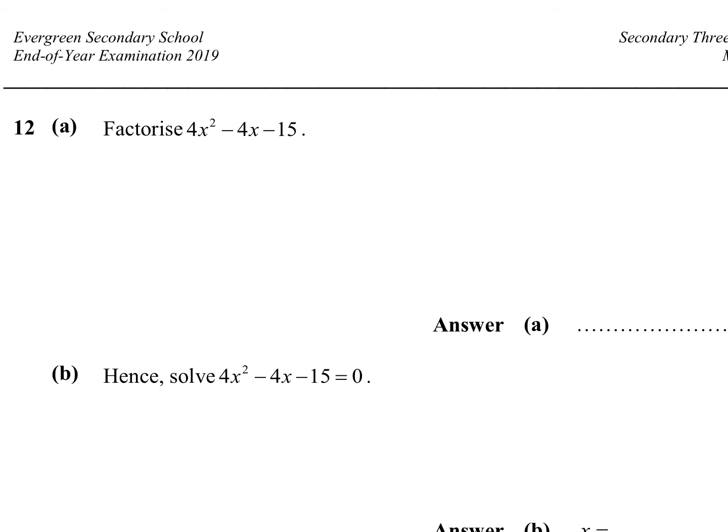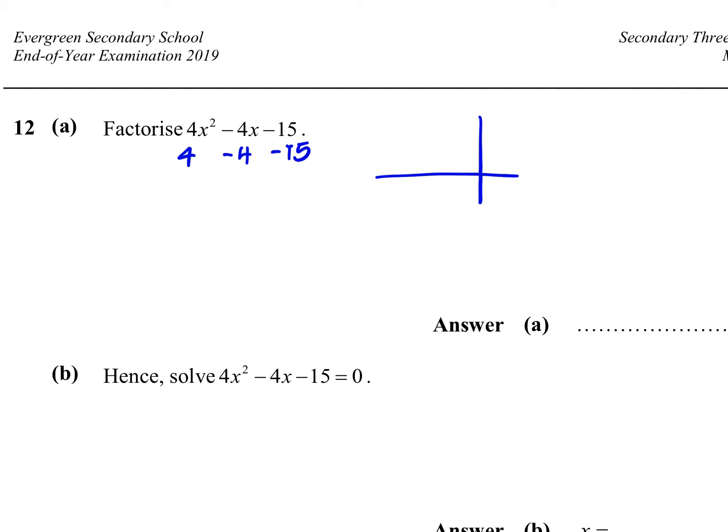We have to factorize this. You all know how to use your calculator. So A is the number 4, B is negative 4, C is negative 15. Or if not, you can do the working itself.